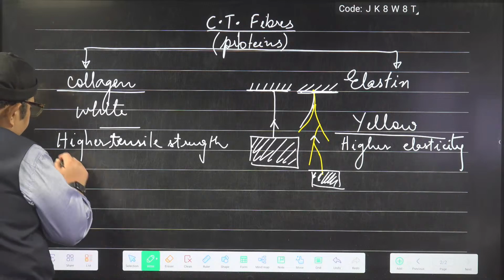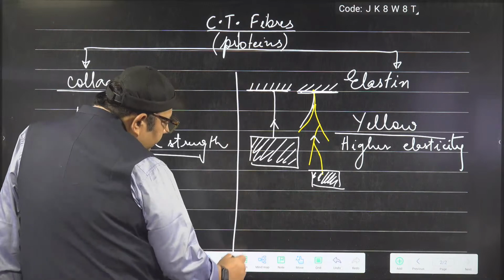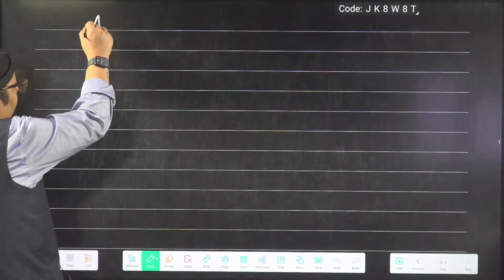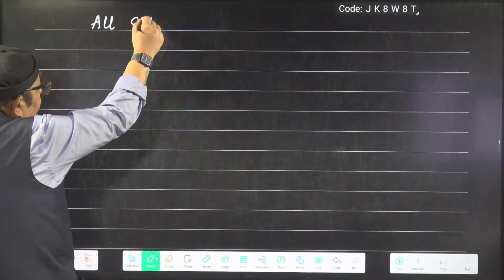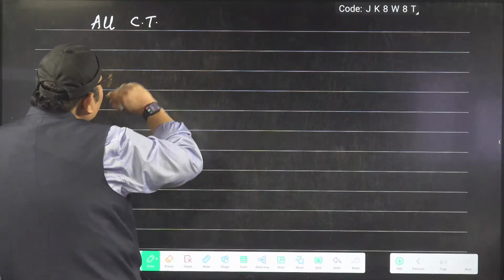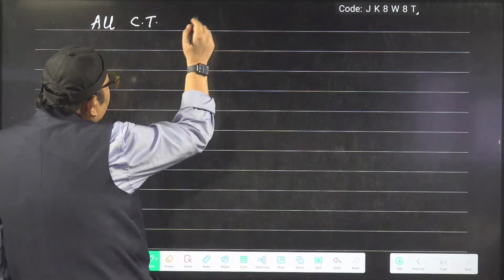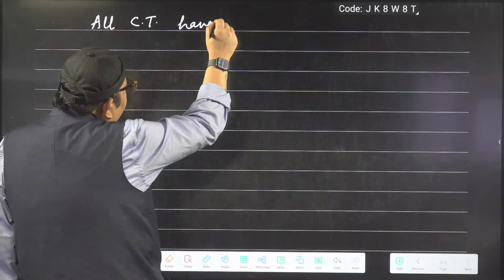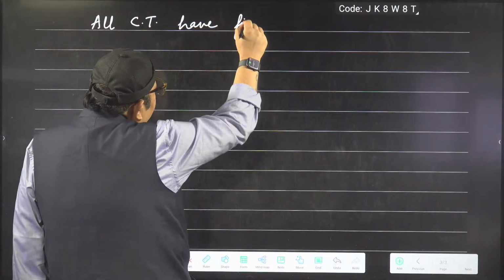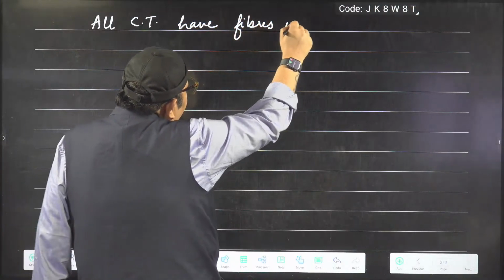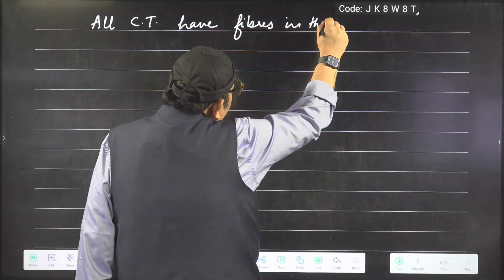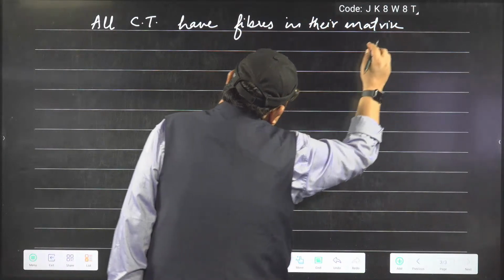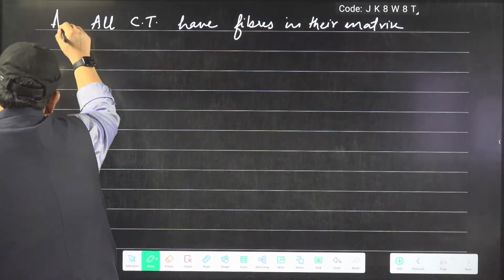My dear children, please note down: all connective tissues have fibers in their matrix. Assertion: all connective tissues have fibers in their matrix.